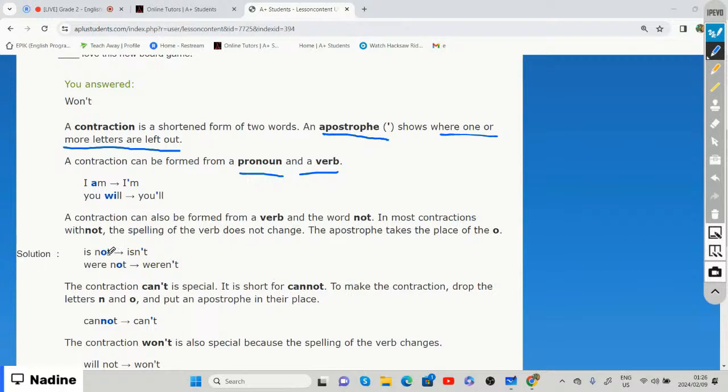And another way is a contraction can also be formed from a verb and the word not.